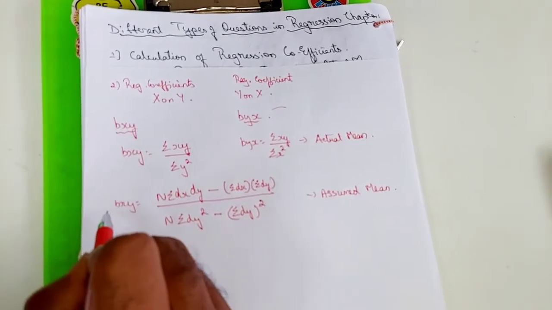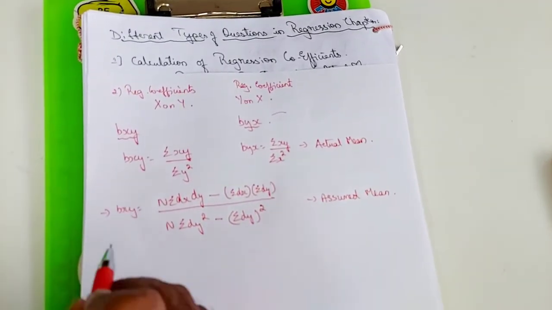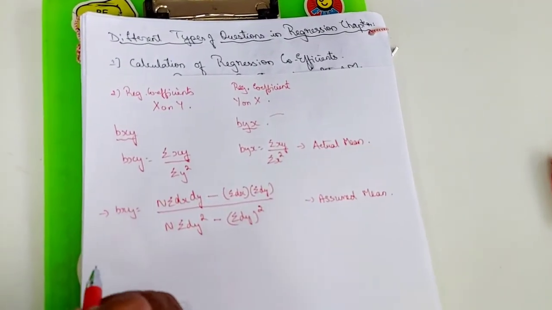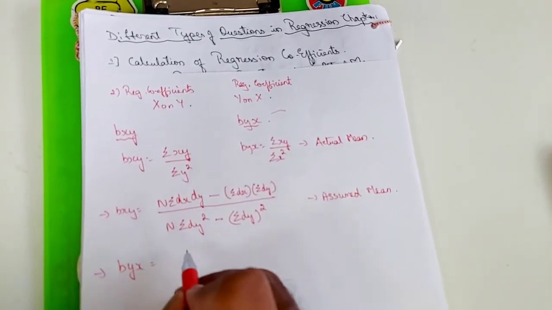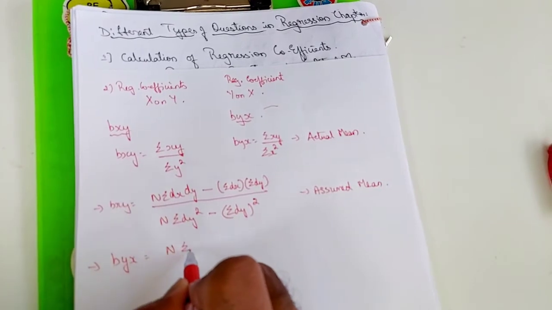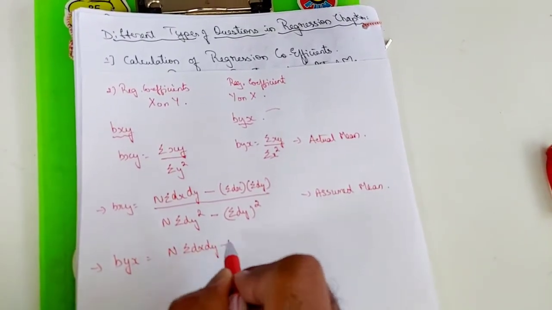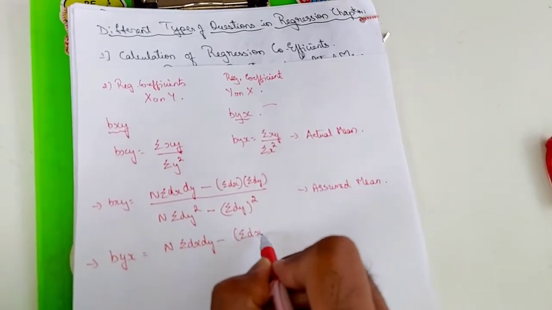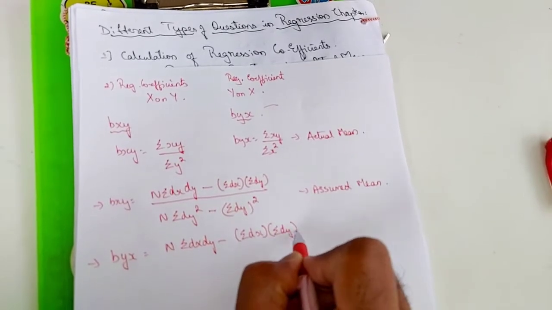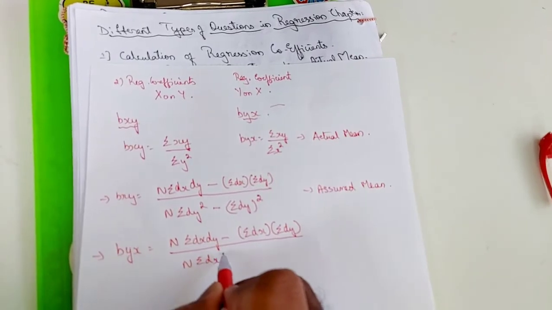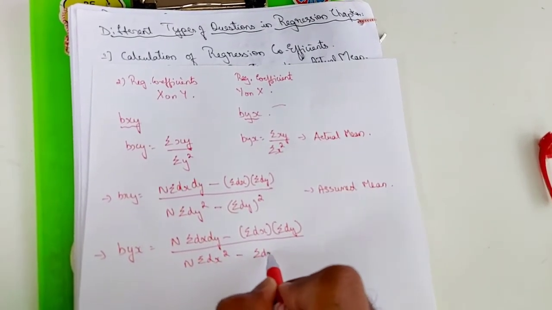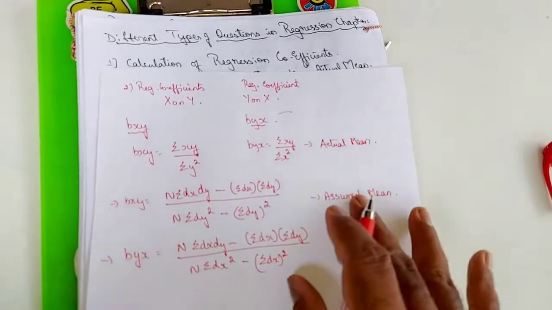This was the regression coefficient of x on y. And similarly, the regression coefficient of y on x is equal to n sigma dx dy minus sigma dx into sigma dy, divided by n sigma dx square minus sigma dx the whole square.